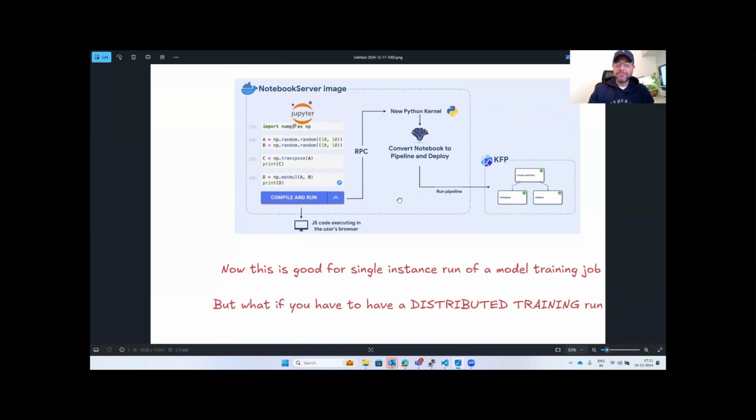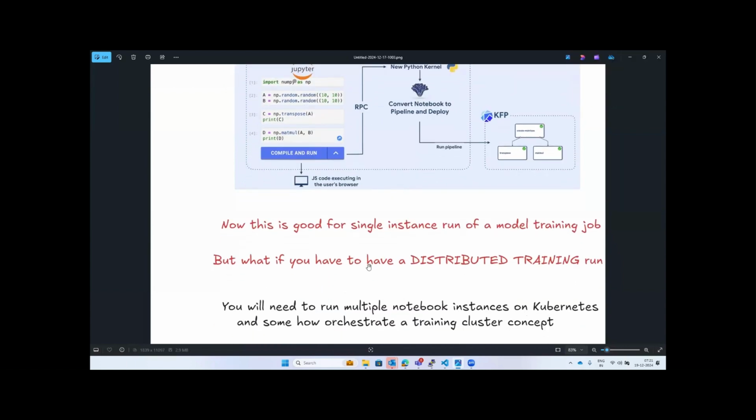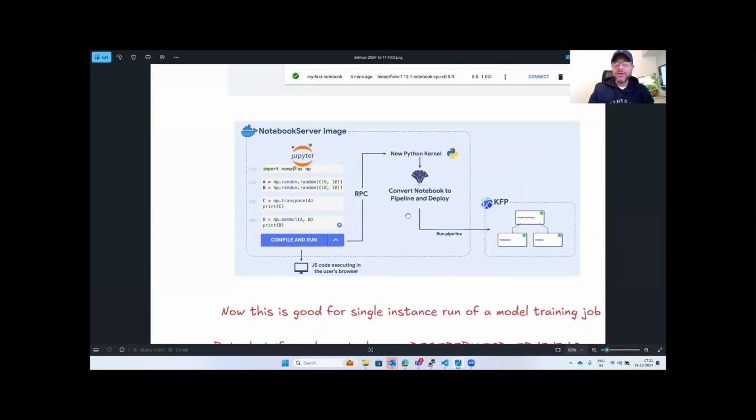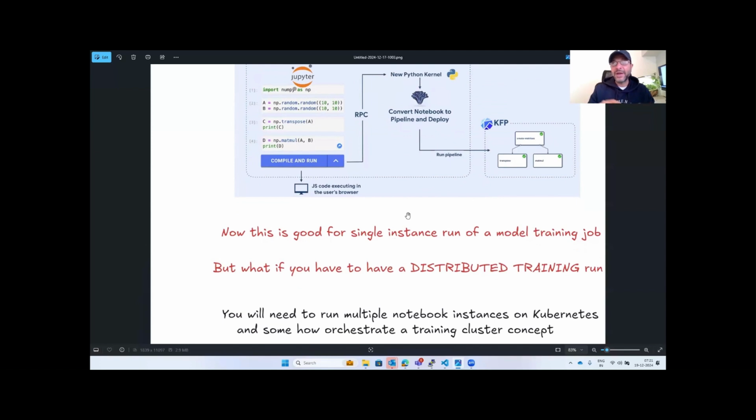So you would create parallel notebooks manually. And then somehow you will have each of these notebook instances, your code, talk to the 40 or 39 remaining notebooks, because it's a cluster now, a distributed training cluster.